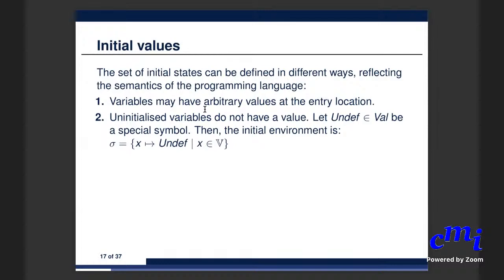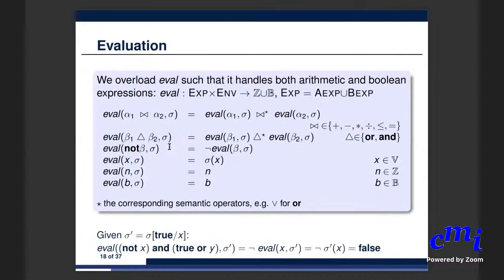Either you can say that variables can take arbitrary values at the beginning of the program, or you can say that there is a special uninitialized variable called undefined, which you can include as a special constant in the domain that the variables range over, and you can say that right at the beginning it is mapped to undefined. That's a matter of choice.